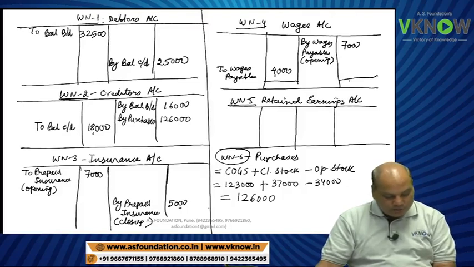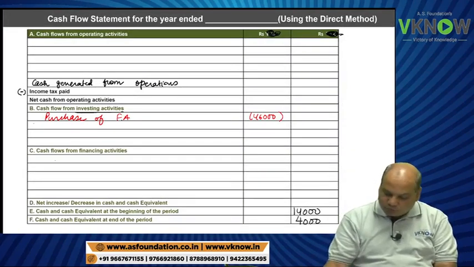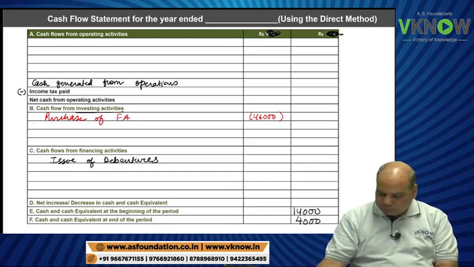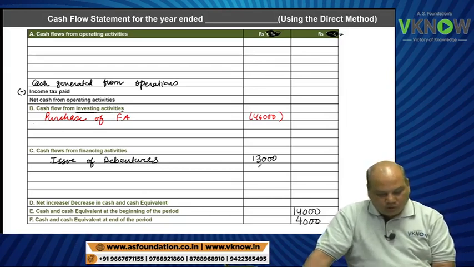Next line is debenture. Opening debenture is 160. Closing is 173. So I will come to financing activity and write issue of debenture, in positive number, 13,000.